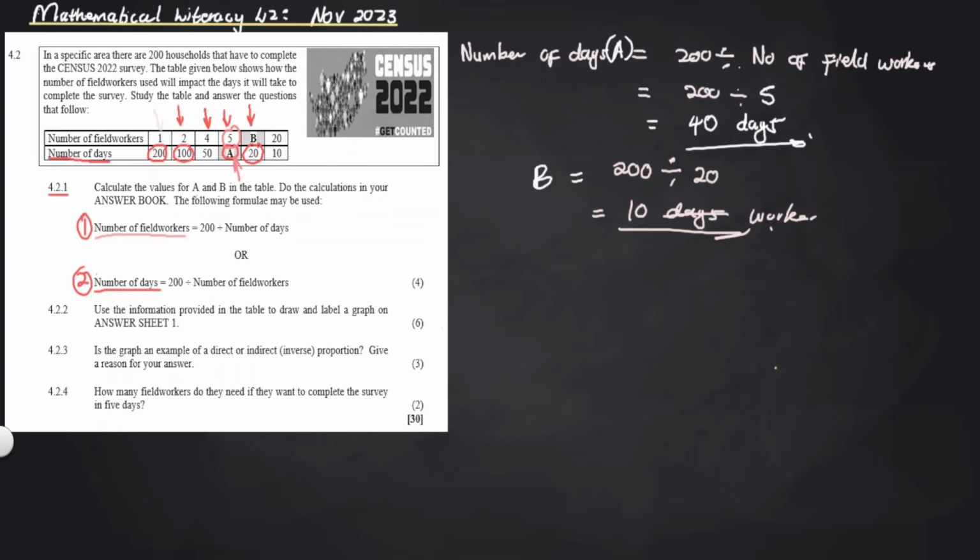Okay, that's cool. So I'm going to come back here. A is 40. Let me fix this slide. All right, so cool. That A is 40, and then B, this is what? It's 10.